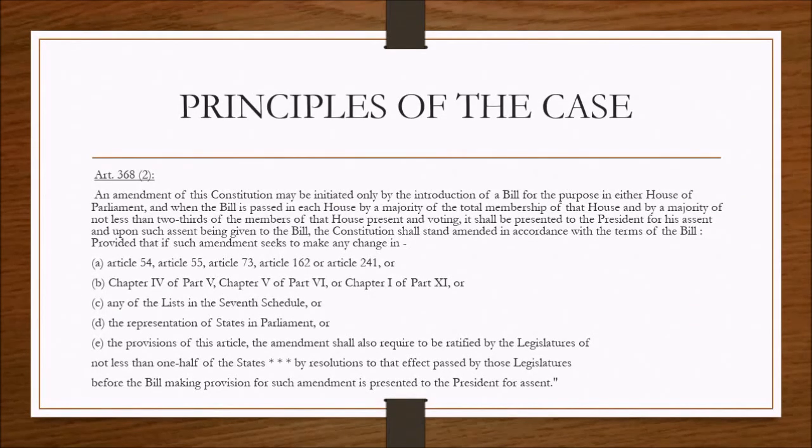An amendment on this construction may be initiated only by the introduction of a bill for the purpose in either House of Parliament, and when the bill is passed in each House by a majority of the total membership of that House, and by a majority of not less than two-thirds of the members of that House present and voting, and it has been presented to the President for his assent, and upon assent being given to the bill, the Constitution shall stand amended by the terms of the bill, like Articles 54, 55, 73, 162, 241, and Chapter 4 of Part 5, Chapter 5 of Part 6, and Chapter 1 of Part 9, any list in the 7th Schedule, and representation of states in Parliament.